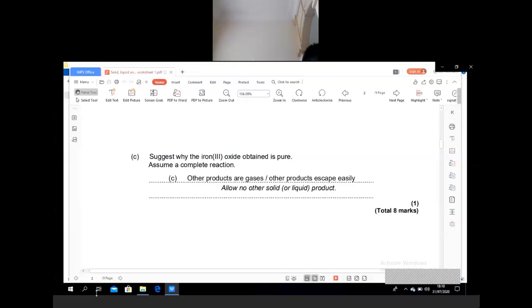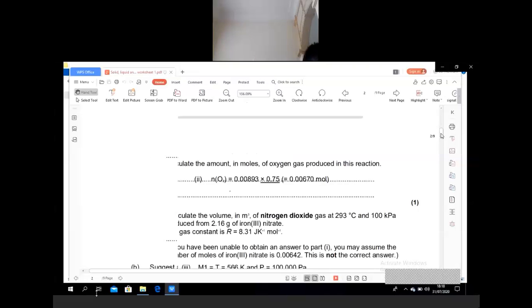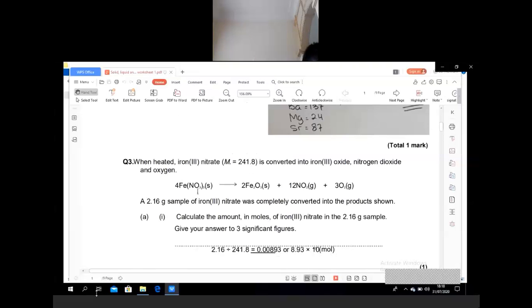Because the other products are gases, so they escape. If it is a complete reaction, the iron 3 nitrate will convert into iron 3 oxide, because nitrogen dioxide and oxygen are gases, so they escape into the environment.